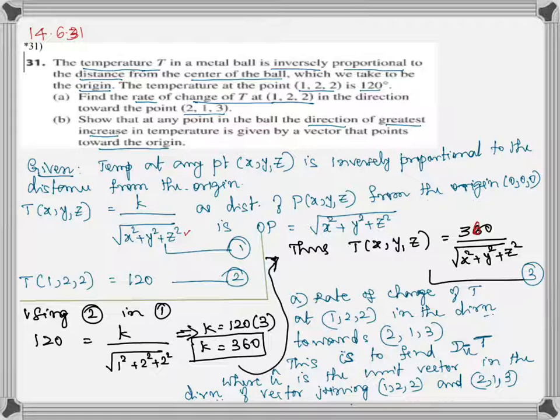So we have seen several problems earlier to find the directional derivative. In order to find the directional derivative, we need del T. So the gradient vector dotted with the unit vector u in the direction vector is what we have to find.